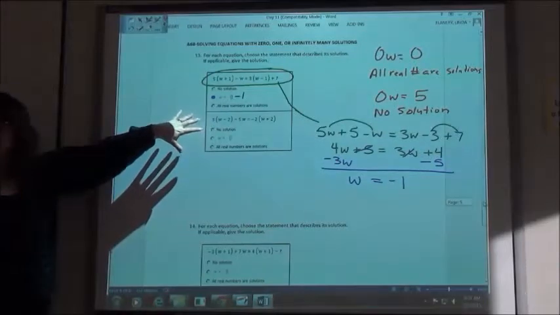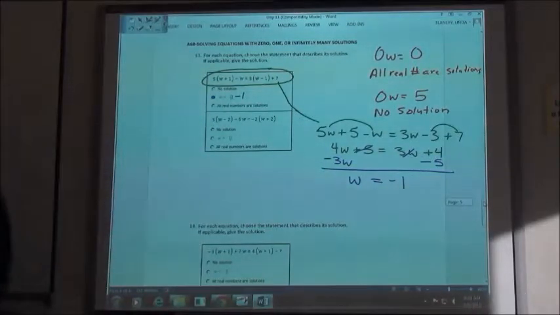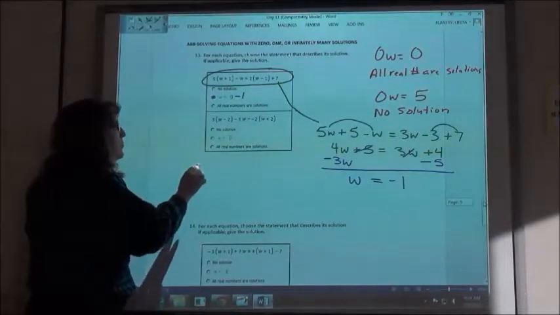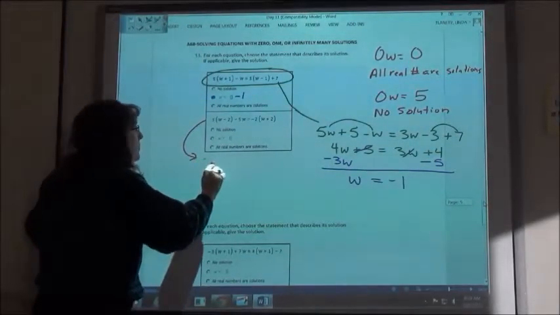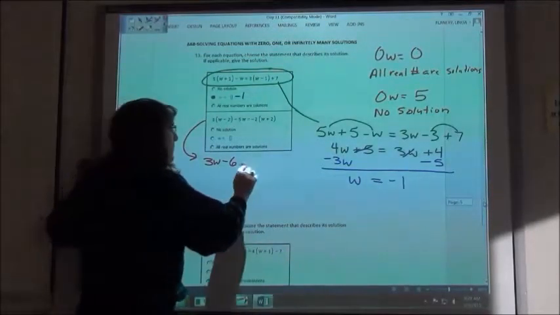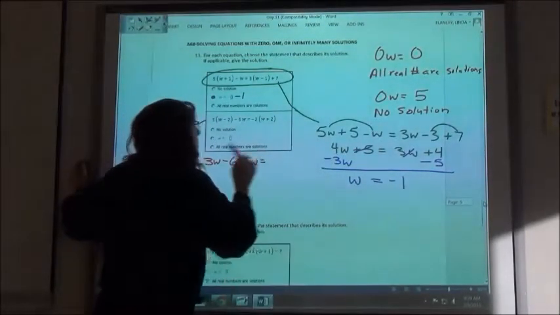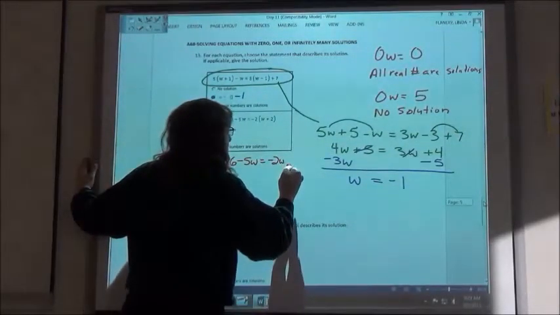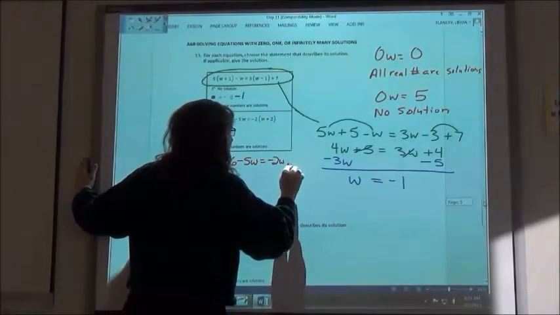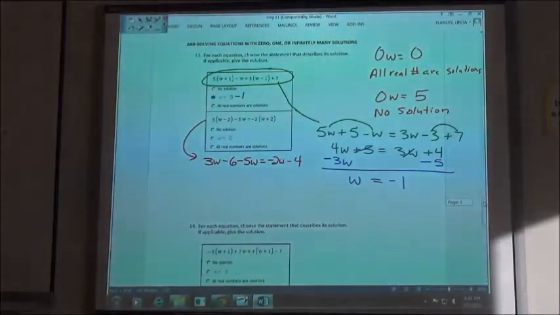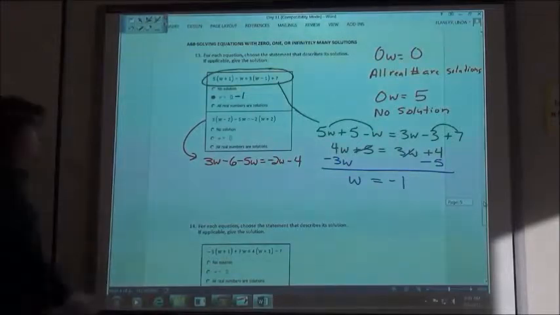Now I got to do the second one. What are we going to get? Okay, so we got 3W minus 6 minus 5W equals negative 2W negative 4. Yep. What should I do next? Okay, you gotta combine the like terms.